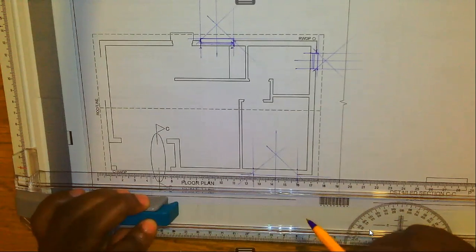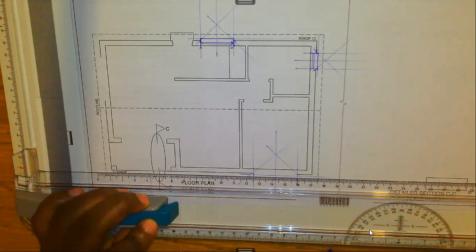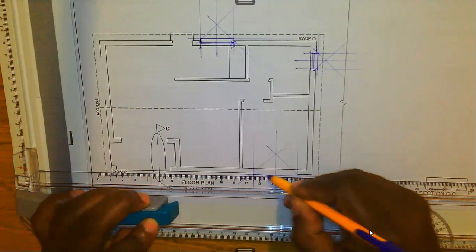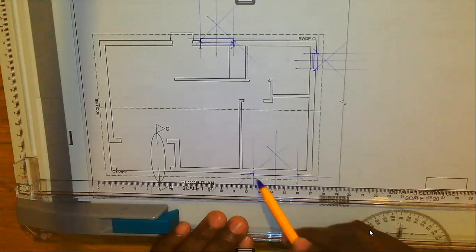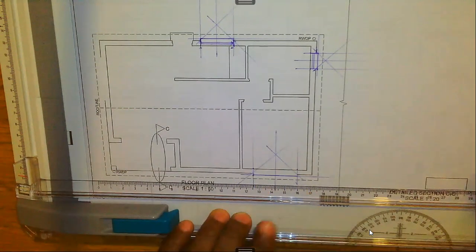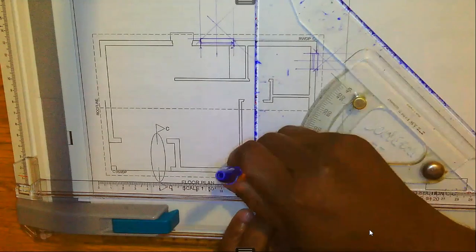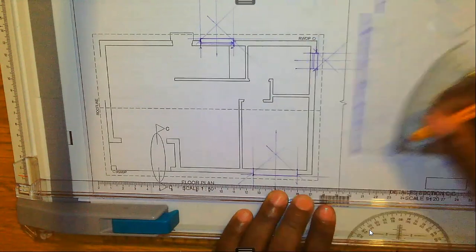Remember, EGD is not about technical rubbing, it's about technical drawing. So we want you to master the art of drawing so that you can answer questions in exams with confidence, okay? So I've outlined this part from here to there, and also this part from here to there, and this part from here to there, right?